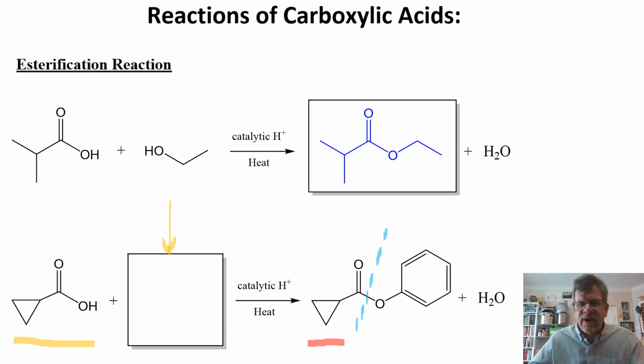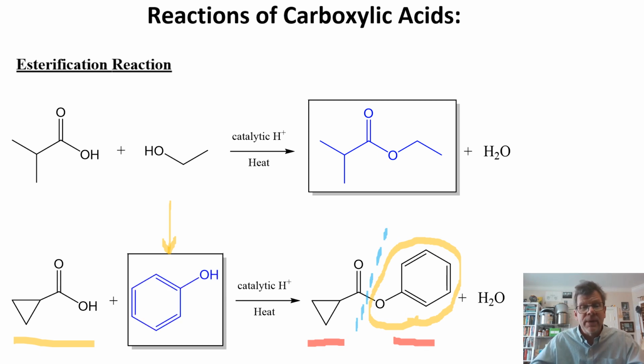And on the right side, the way I've drawn it, this must always be our alcohol component. Look at what I have. I have a phenyl group with an O. So all I have to do is add an H to that O, and that is going to be the alcohol which goes into this particular esterification reaction.